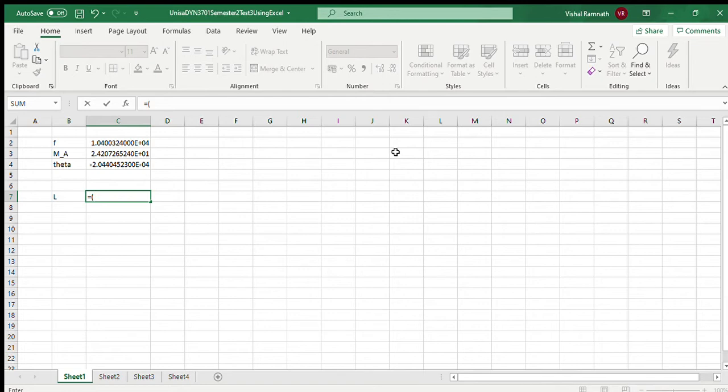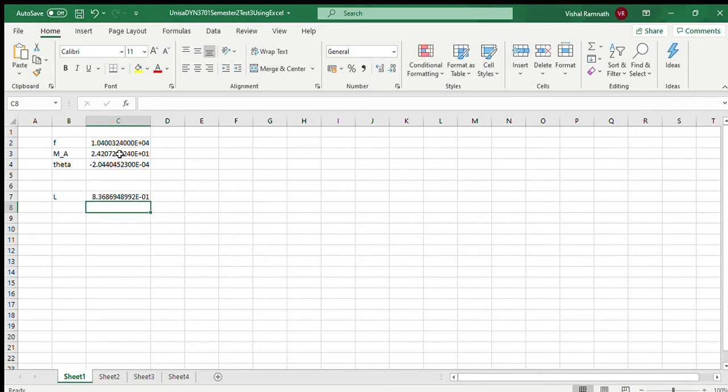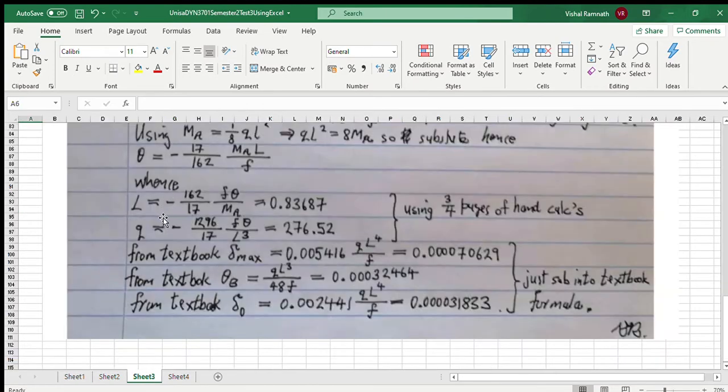So this would be minus 162/17, close the bracket, times numerator. I would open a bracket, I would click on the value for F, then I would multiply it by the value for theta, I would close it, and then I would divide by the denominator, which in this case is MA. Then I would press enter, and that's the answer for the length.